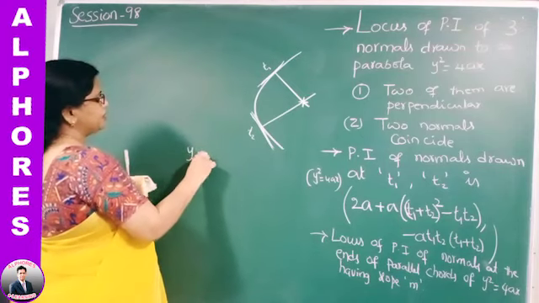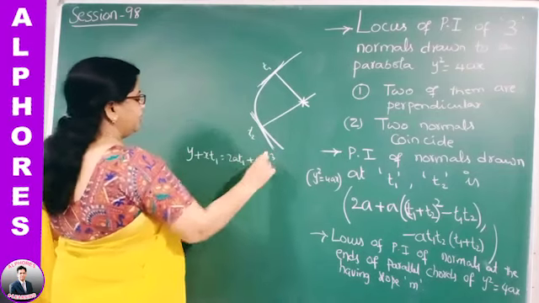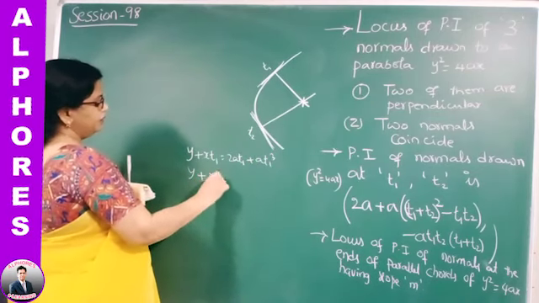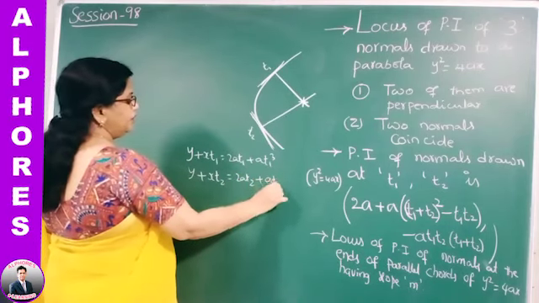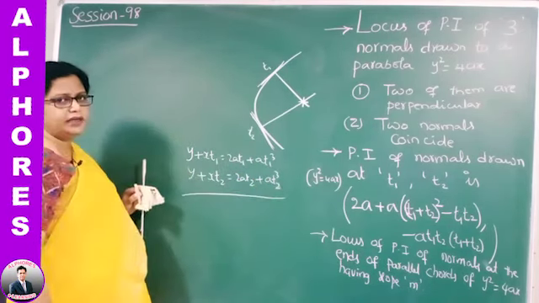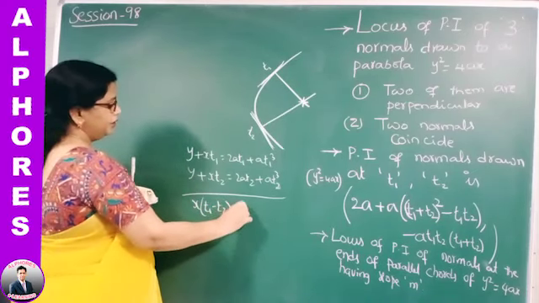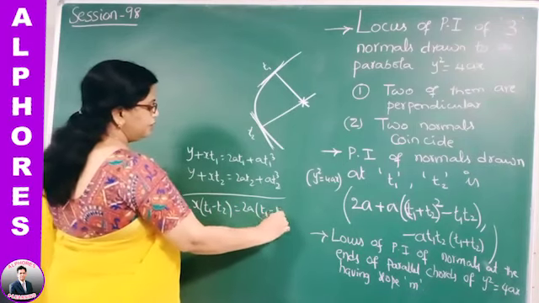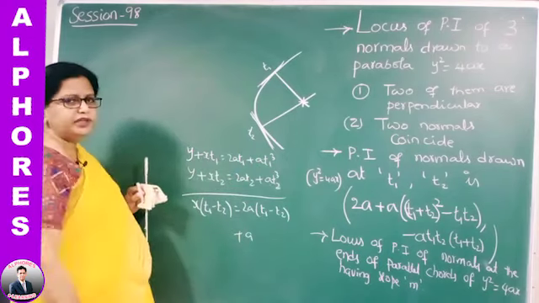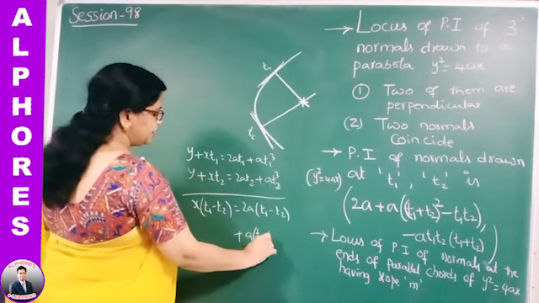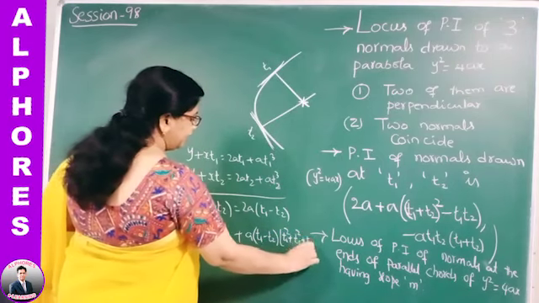That is y plus xt1 equal to 2at1 plus at1 cube, and the other is y plus xt2 equal to 2at2 plus at2 cube. If you subtract, y gets cancelled, and we get (t1 minus t2) x equal to 2a into (t1 minus t2) plus a into, using the a cube minus b cube formula, (t1 minus t2) into (t1 square plus t2 square plus t1 t2).